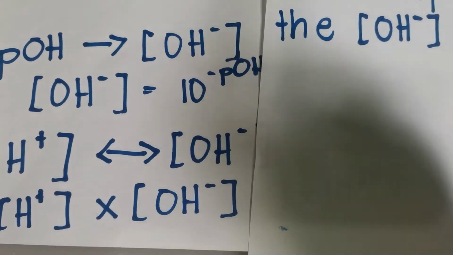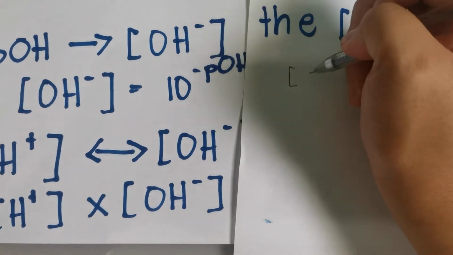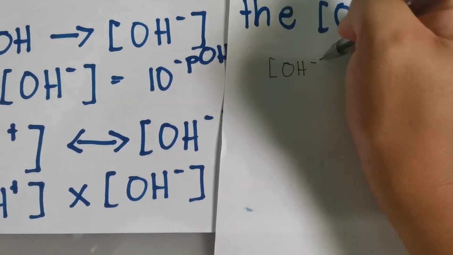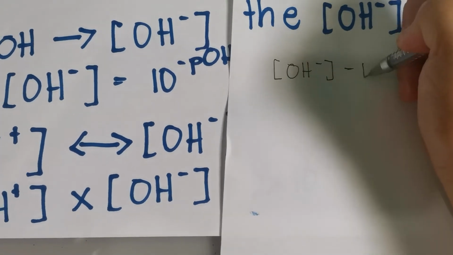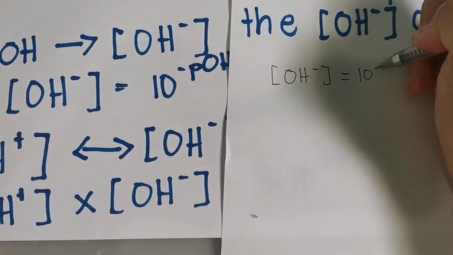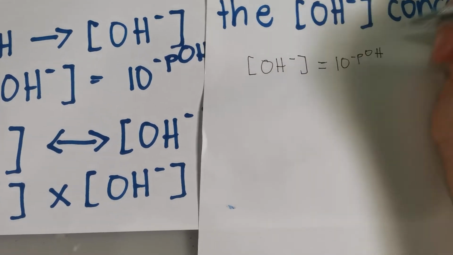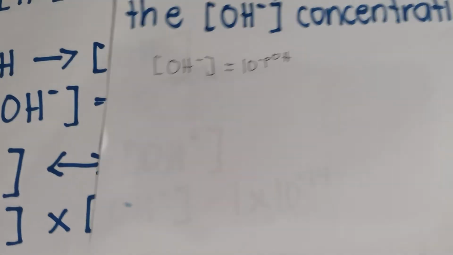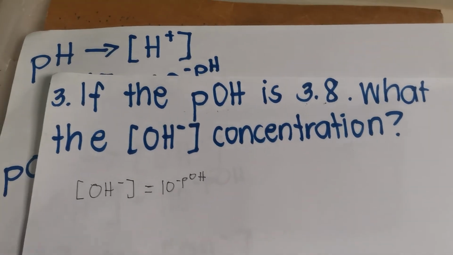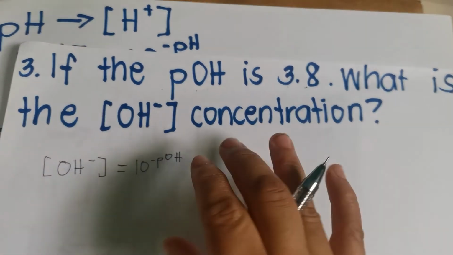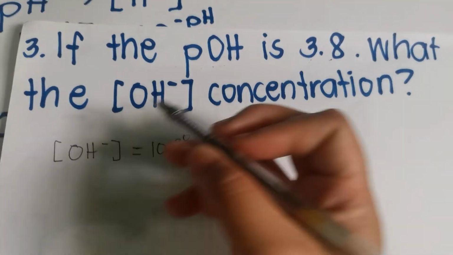So let's adopt the formula: OH negative is equal to 10 raised to negative pOH. I have copied already the formula. Now we need to substitute all the given.